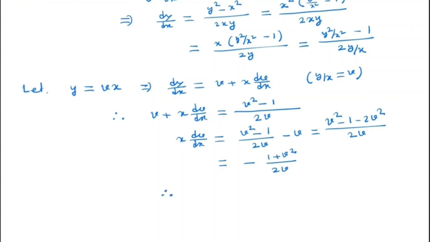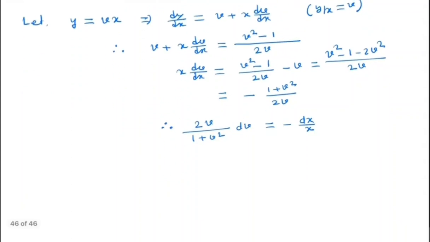So we have 2v by (1 plus v square) dv is equal to minus dx by x. By integrating both sides, note that here the derivative of 1 plus v square is exactly 2v.